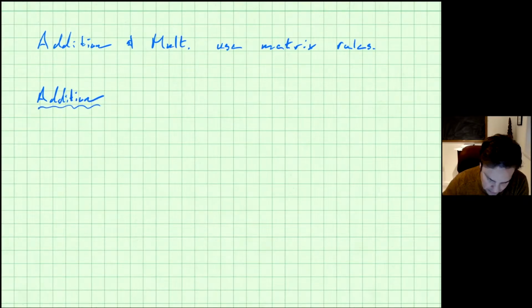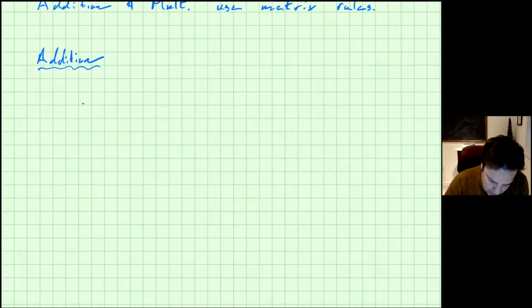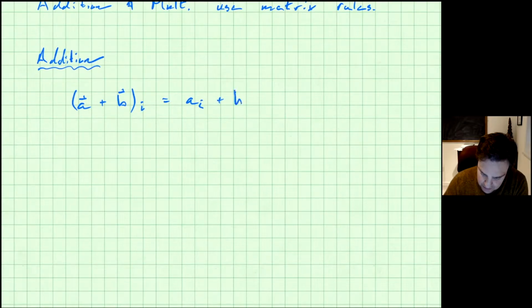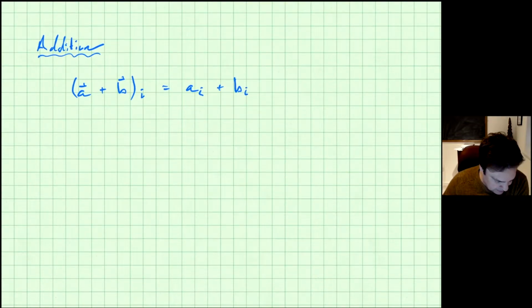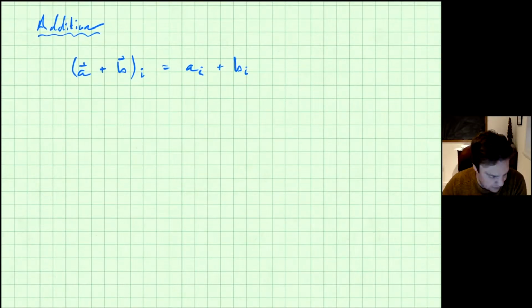Right, so addition says that if you take two vectors A and B and add them together, and you ask what is element I, that's element I of A plus element I of B. So that's addition for us. And notice when you look at this that it has to be the case that both A and B must have the same dimensions.